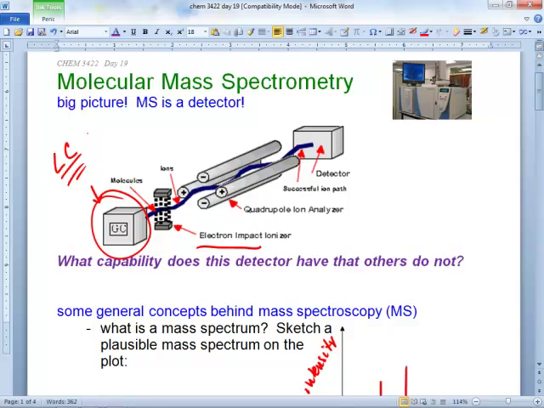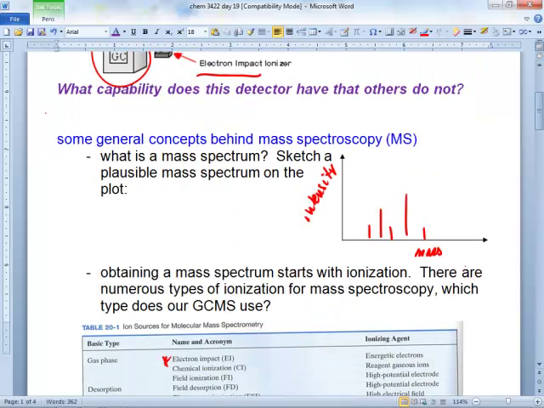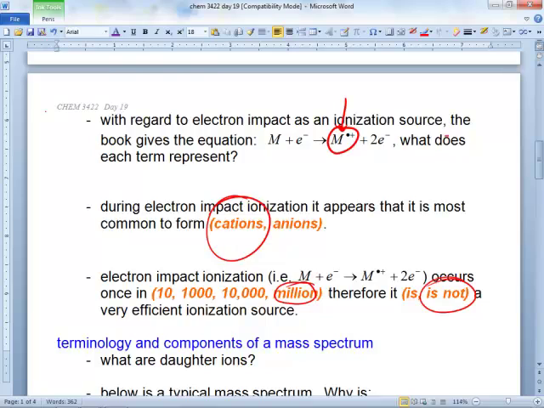Good question: the LC doesn't care. You can shoot proteins on there, whatever you want. There's no molecular weight limit. But you're not going to be able to have a mass spec detector on it if you want to, because it has to be a gas. It has to volatilize. Still, it opens up a lot of different things.